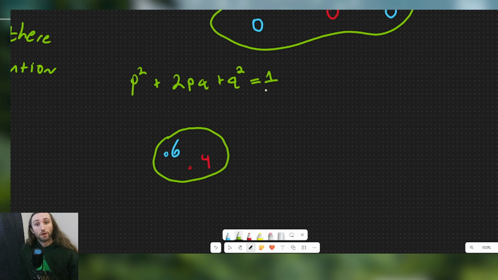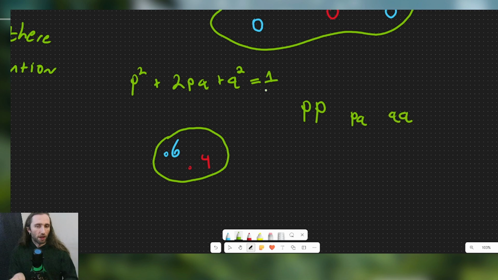But remember, we are typically studying diploid organisms, organisms that have 2 copies of their genes. And these organisms typically mate with one another and their genes combine to form organisms that have homozygous traits. So for example, here it could be PP. We could have heterozygous traits, so we could have PQ, or we could have homozygous recessive traits, so QQ.